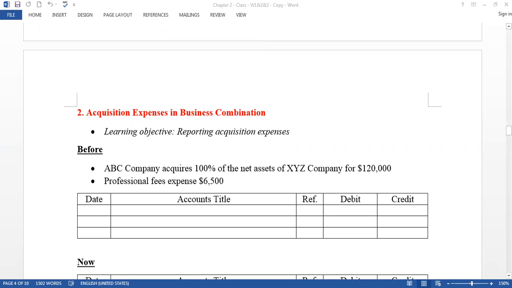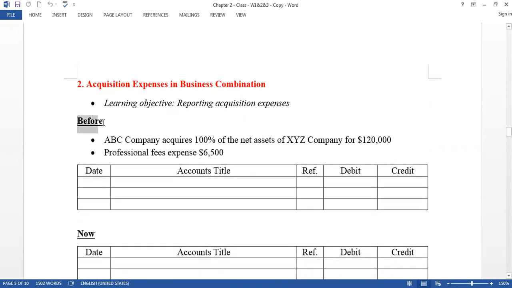Good afternoon, everyone. So today we are going to learn a new topic titled Acquisition Expenses in Business Combination. You can see that we learned something about this topic in previous courses like Principles of Accounting 2 or Intermediate Accounting.